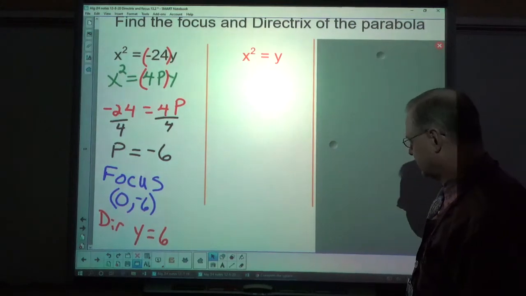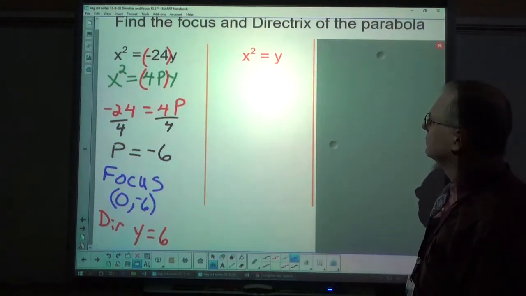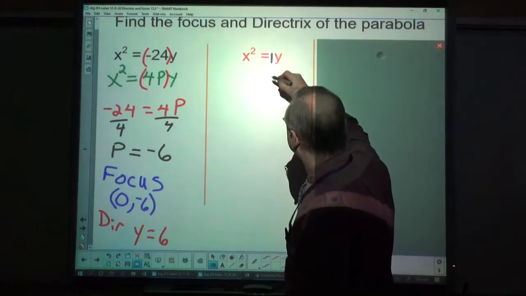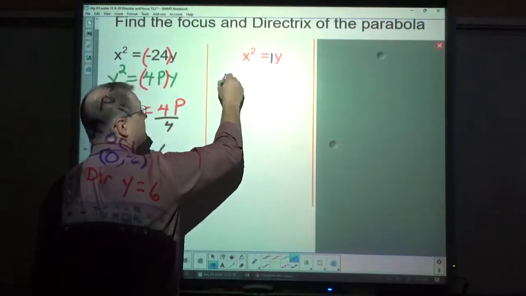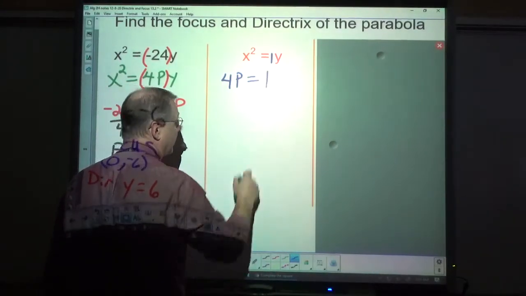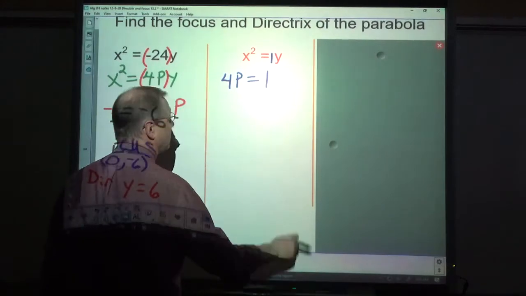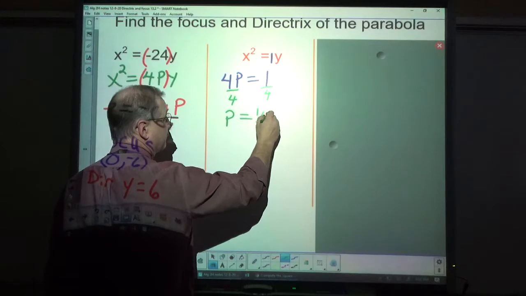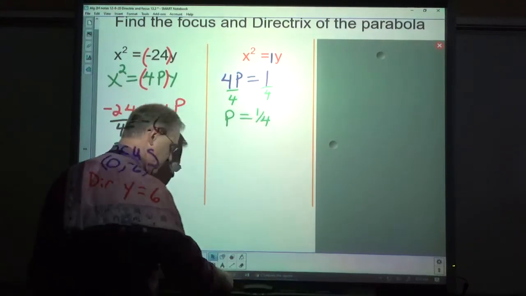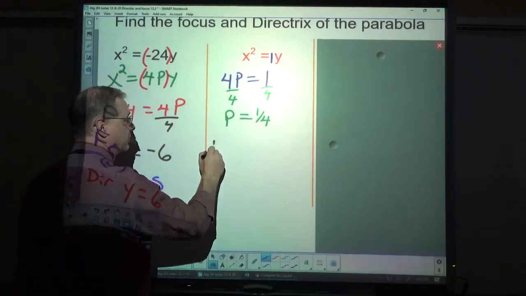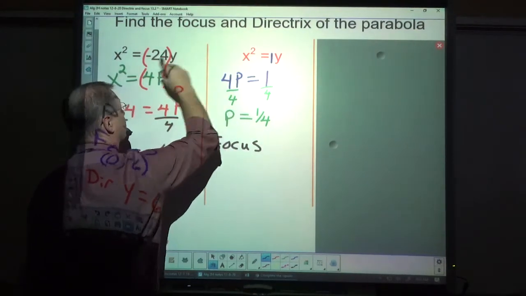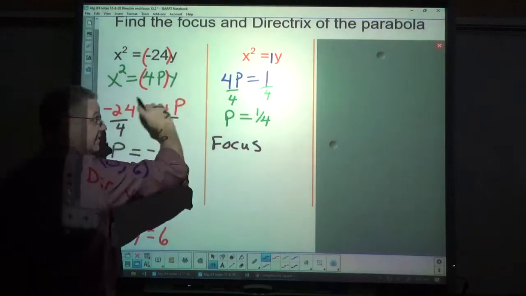So here's our next example. Well, wait a minute. I don't have anything next to y, so that's understood to be a 1. So if we say 4p equals 1, and we go to solve it, p must equal 1/4. So my focus, remember, this is still an x squared equals 4py, just like the last one.